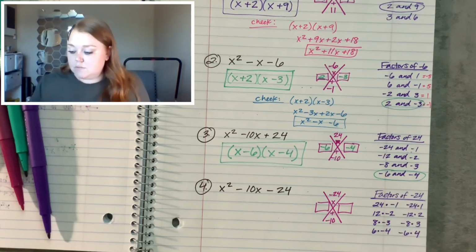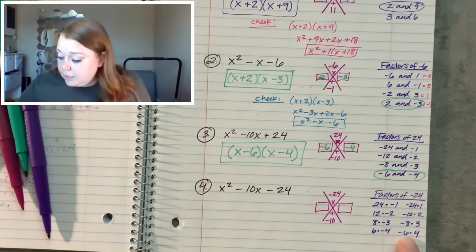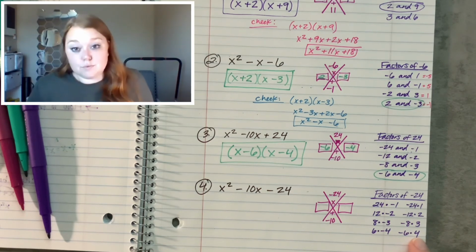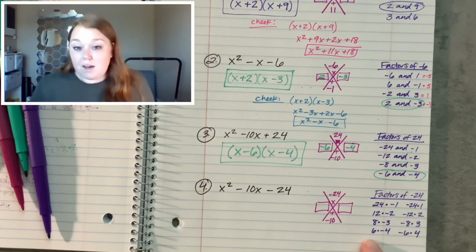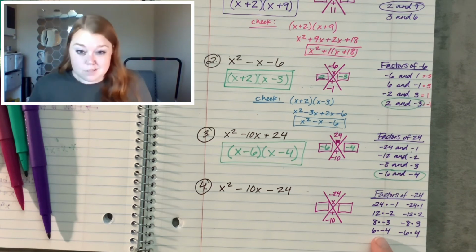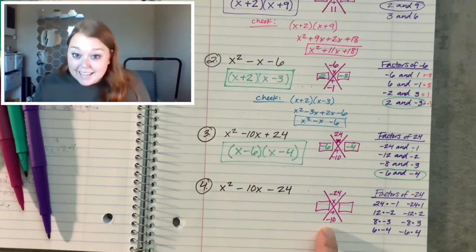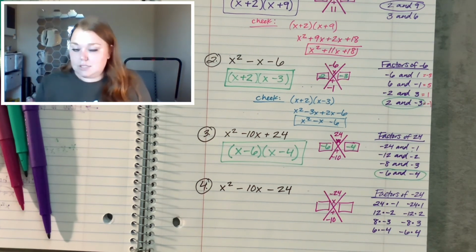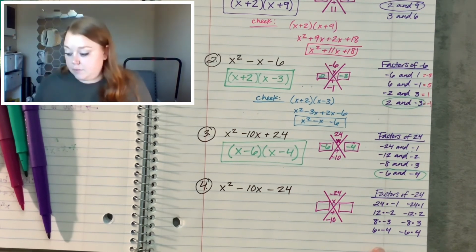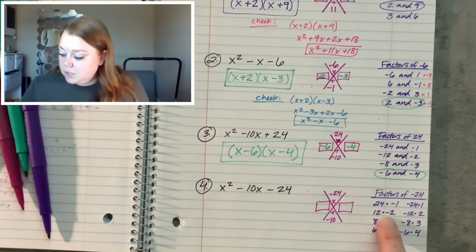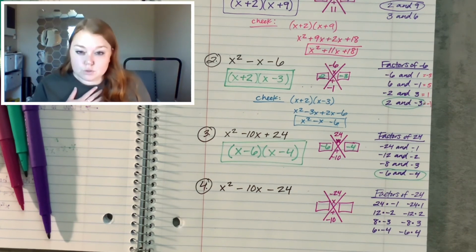If you chose 6 and 4, because that's what we did on the last problem, that wouldn't work. Negative 6 plus 4 is negative 2. Positive 6 plus negative 4 is positive 2. Okay, this one's negative 2, this one's positive 2. Either way, I want negative 10. 8 and 3, that's either going to be 5 or it's going to be 11. Okay, or negative 5, negative 11. So it's one of these, the 12 and the 2.